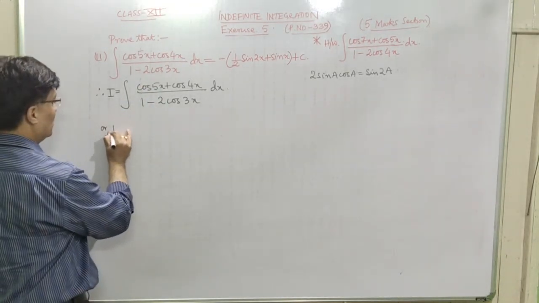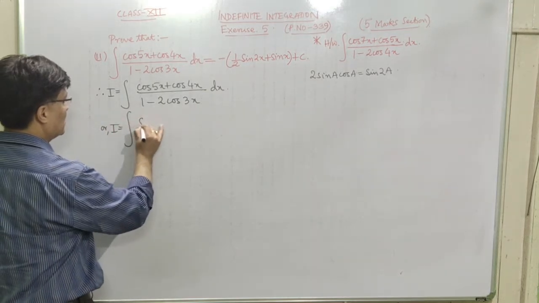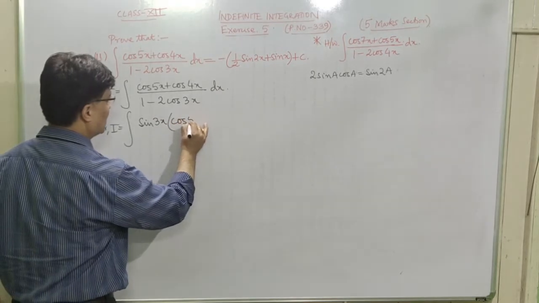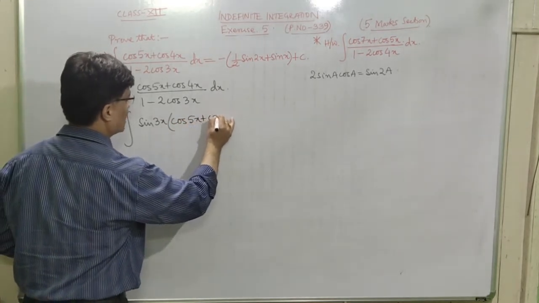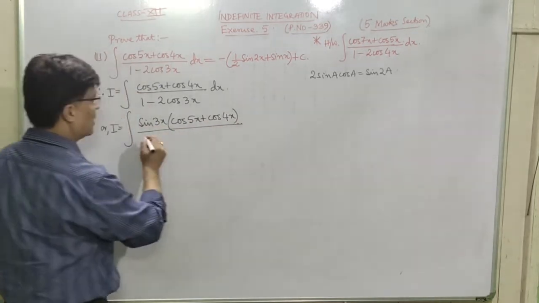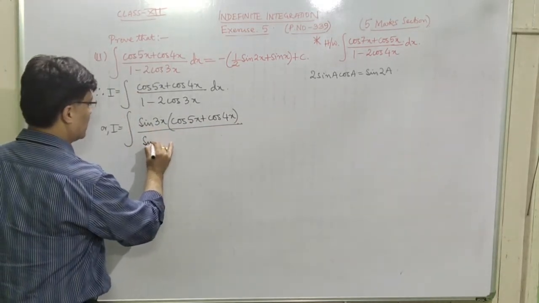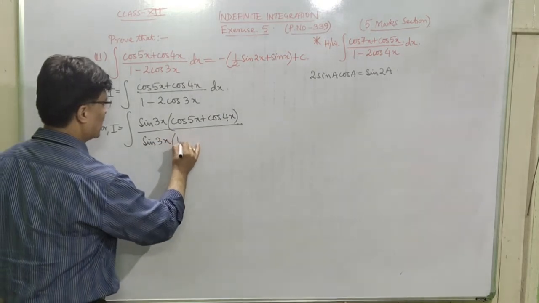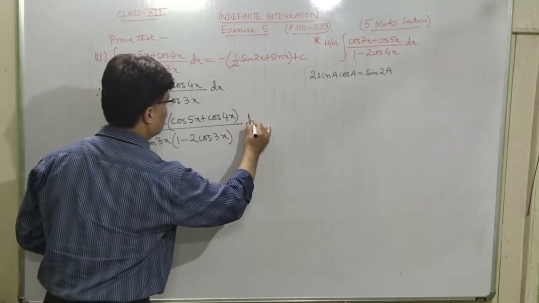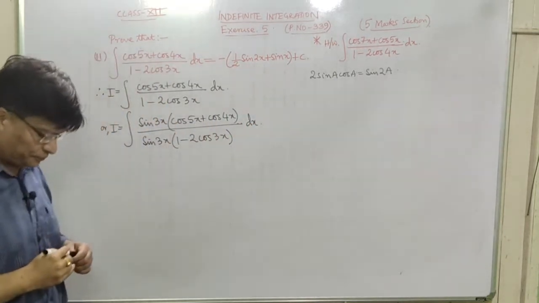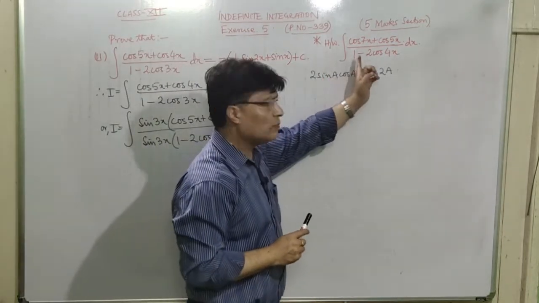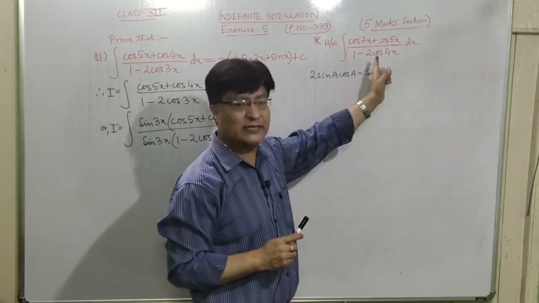So I is equal to the integration of sin 3x within bracket cos 5x plus cos 4x bracket closed, whole divided by sin 3x within bracket 1 minus 2 cos 3x, then what do we write here? dx, okay. Now I'll give you the hint for this homework. Now you can similarly simplify this expression, okay.